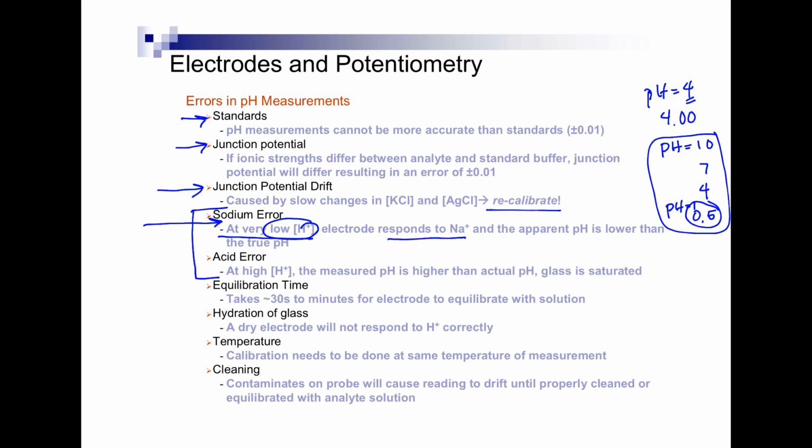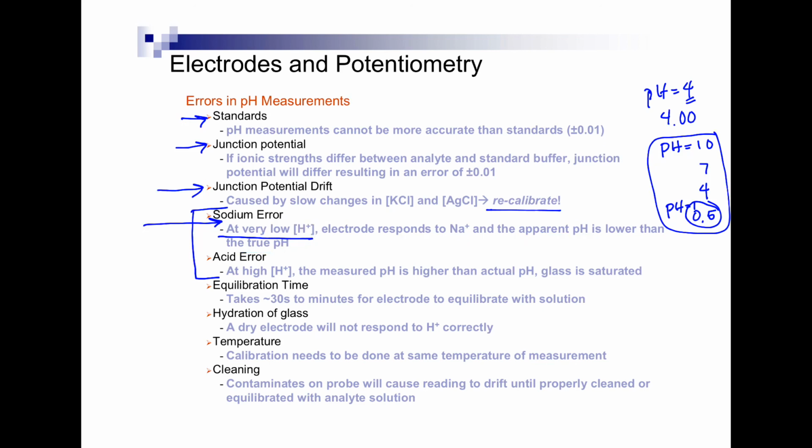So if your high pH solution has sodium ions, you're going to get some kind of pH reading there, and the pH that you read, the apparent pH, is actually lower than the true pH. Effectively, you're saying that there are hydrogen ions in solution, and so you get a lower pH, but really you're detecting sodium ions in solution.